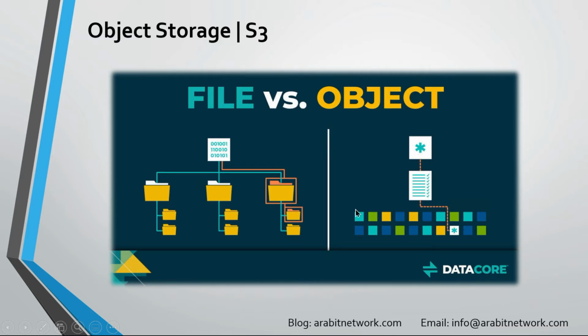All of your files are stored under the same path. Depending on the storage solution you're using, you could be able to create folders or directories, but at the end, a directory in object storage is nothing but just a label. It's just a label, to make it a bit user friendly for you to organize your data.